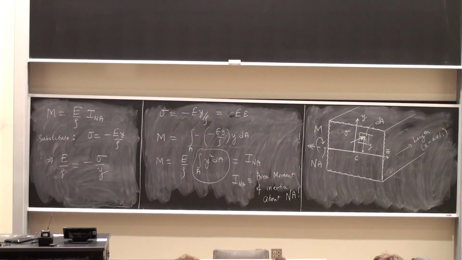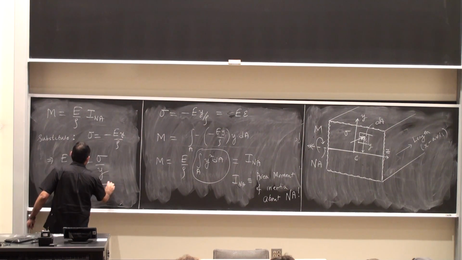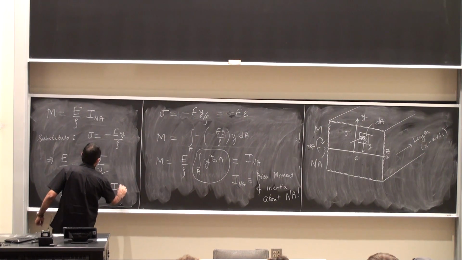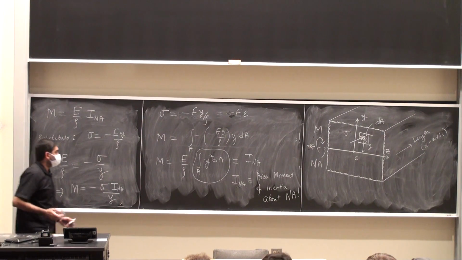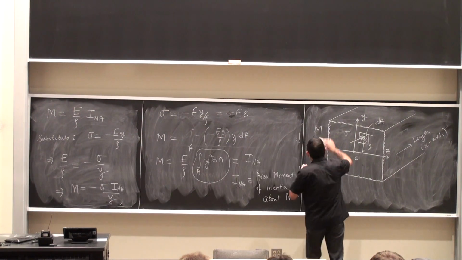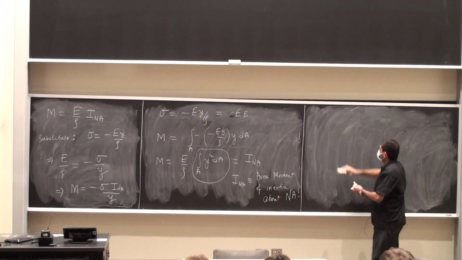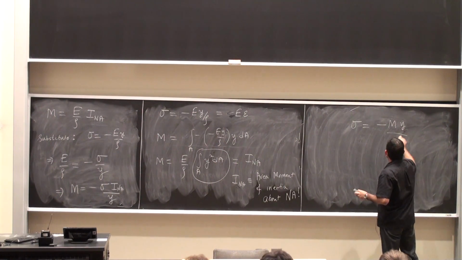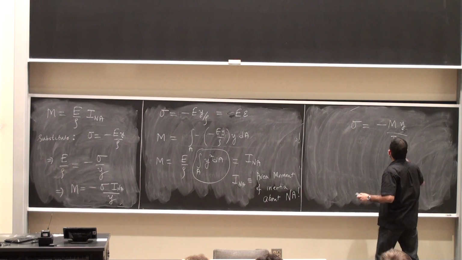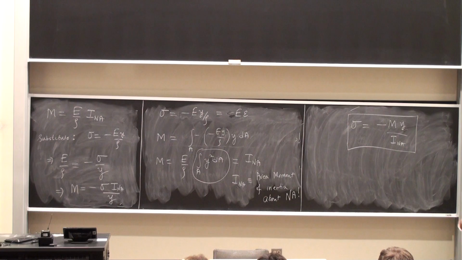If I now do the substitution back in there, M is minus sigma INA by y. So sigma is minus M y by INA.